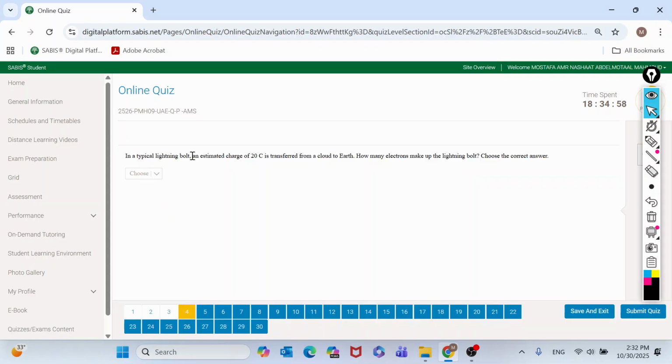In a typical lightning bolt, an estimated charge of 20 coulombs is transferred from a cloud to Earth. How many electrons make up that lightning bolt? So guys, it's the same. It's going to be Q equals N times E. Q is 20 equals N, we don't know it, and E is 1.6 times 10 to the power of negative 19.